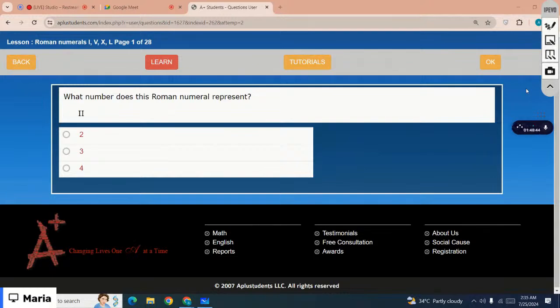So what number does this Roman numeral represent? Which number is it? Yes, 2 it is. The correct option is 2.